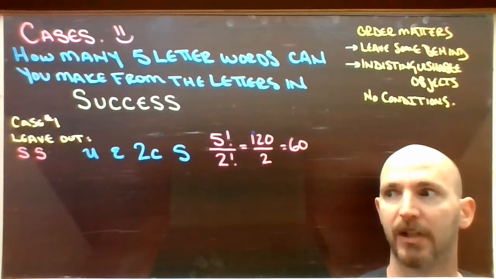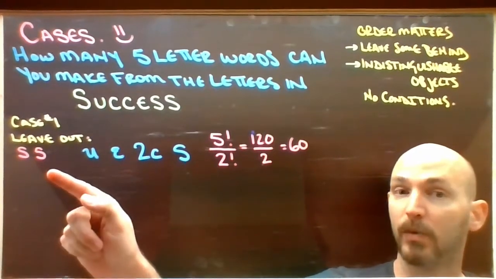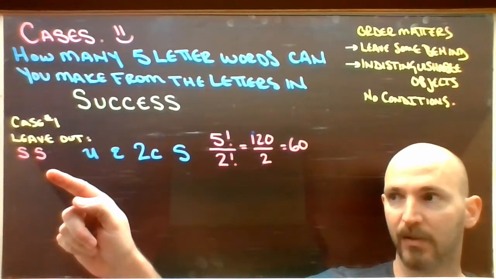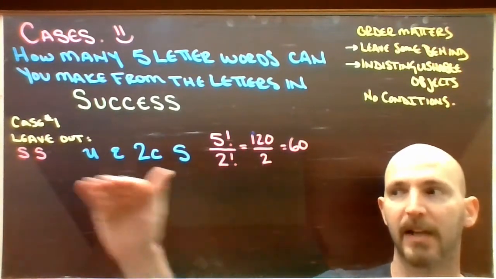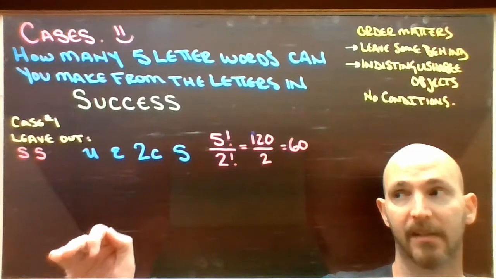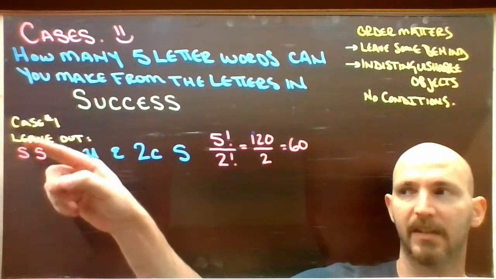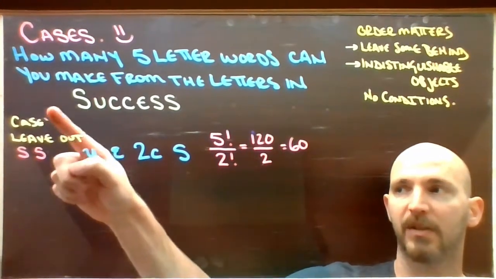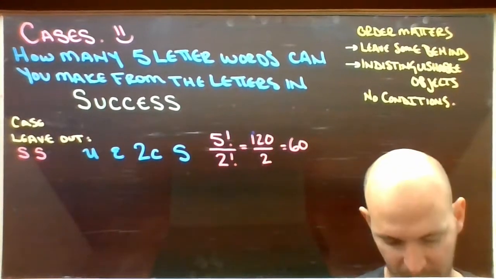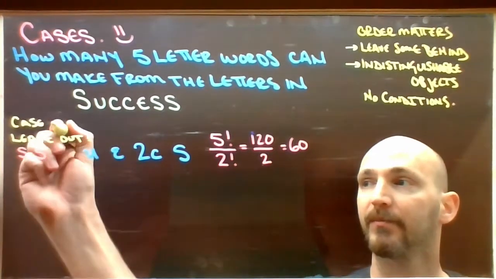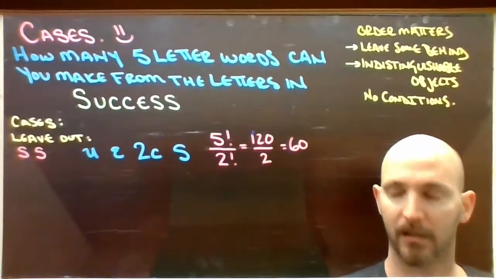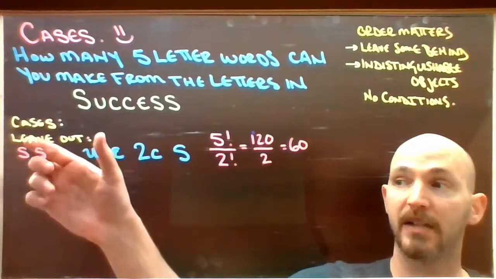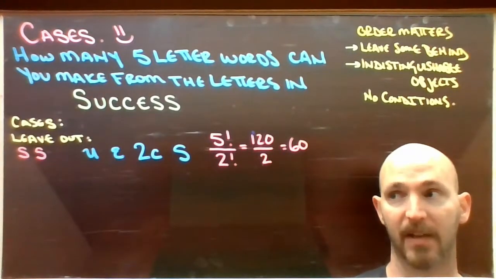Well, that's all well and good, but this is not the only set of letters I could leave out, which is what ends up generating the rest of the cases I have to make. So instead of calling this case number 1, I'm just going to make a chart of my possible cases, defined by which letters I choose to leave out.